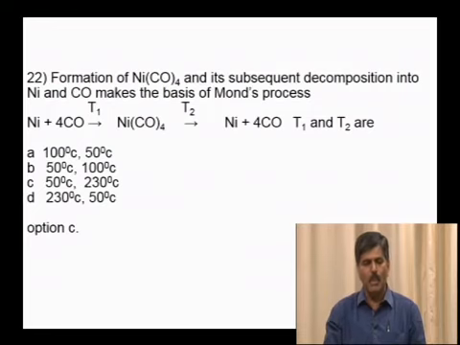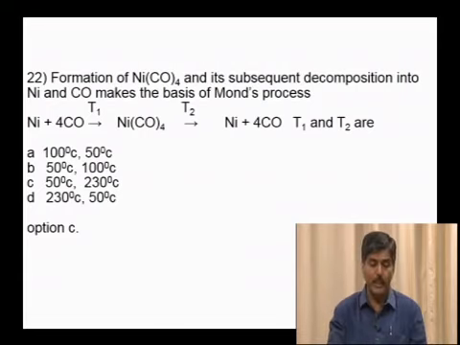In Mond's process, pure nickel is obtained. First of all, the impure nickel is heated at lower temperature T1 and the complex formed is decomposed by heating to higher temperature. So, the lower temperature T1 is 50 degree centigrade and T2 is 230 degree centigrade.